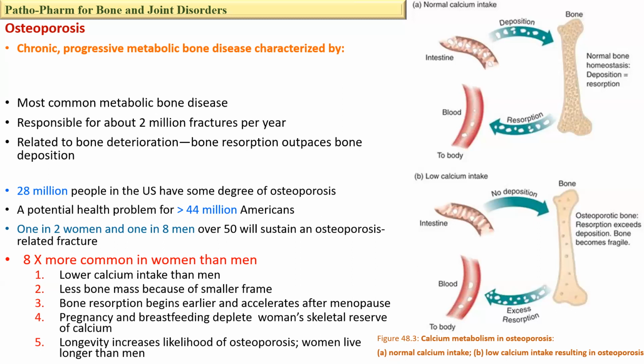Here, the bone removal, the resorption, is faster and outweighs the bone deposition. So the bone will lack calcium, lack deposition, lack strength, and the bone mass will be less.